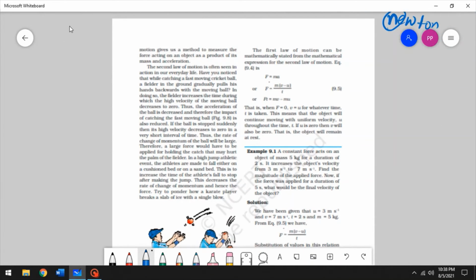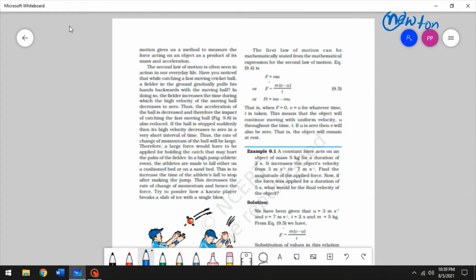So we have many applications of the second law of motion. One famous example is if you watch cricket a lot, you might be able to understand this pretty quickly.